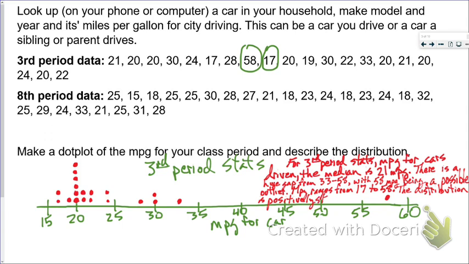Hopefully this is getting very memorized, where you walk through CUSS and you talk about the center, unusual, shape and spread, and it's very quick and easy, I hope.